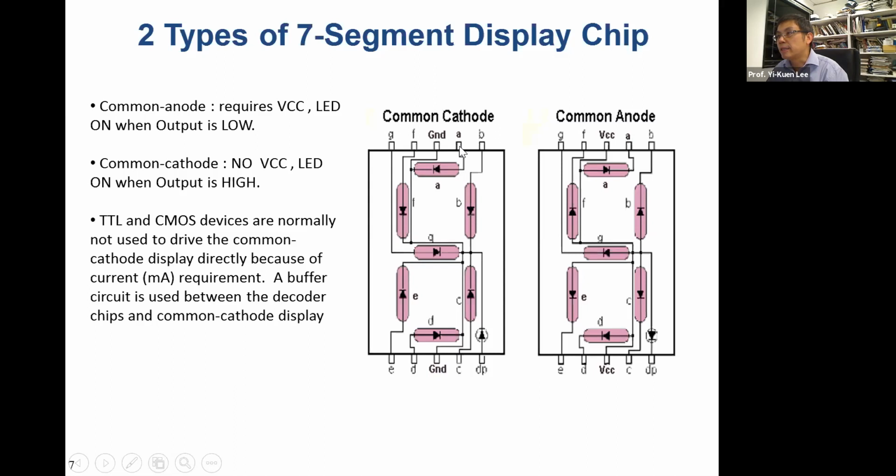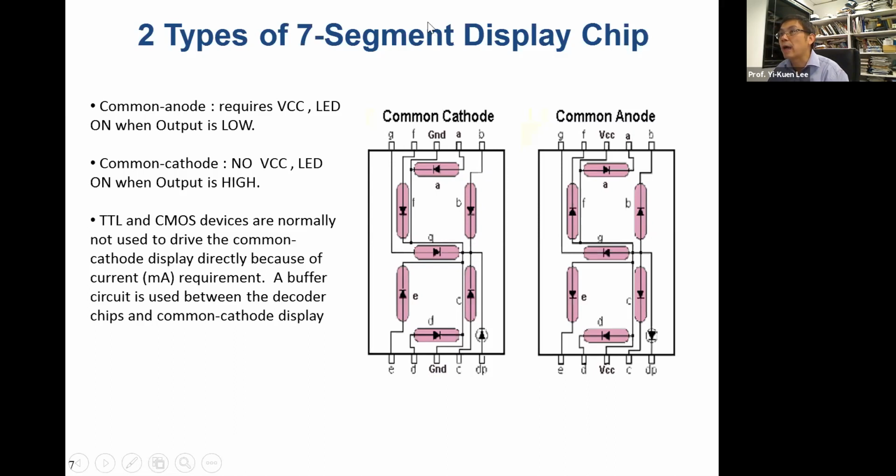So this A is the positive side, the anode, and the negative side is the cathode. The same thing for the B LED. We also have positive connected to the Arduino digital output, and the negative one, the cathode side, we will connect to our common ground. You see, common ground.